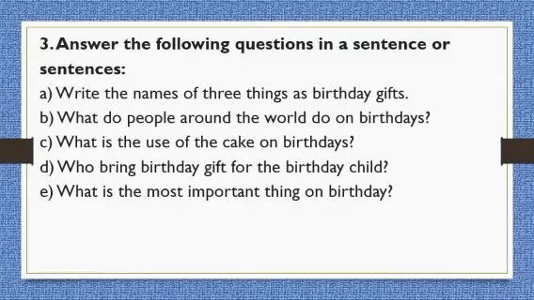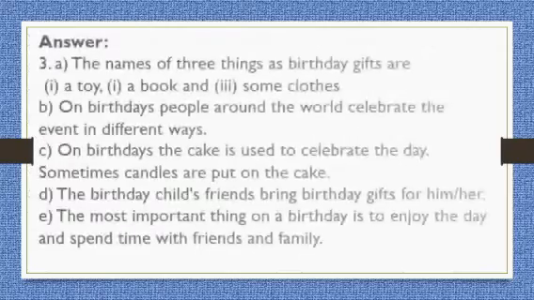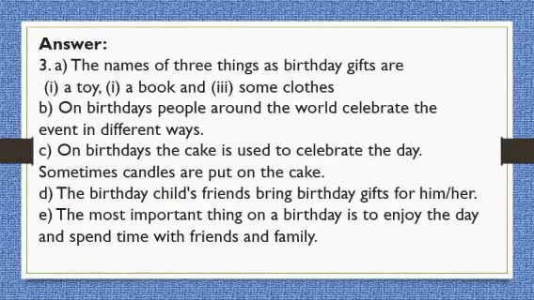Okay, I'm going to the next page. Here you can see the answers of exercise number 3. A. The names of 3 things as birthday gifts are a toy, a book, and some clothes. B. On birthdays, people around the world celebrate the event in different ways.